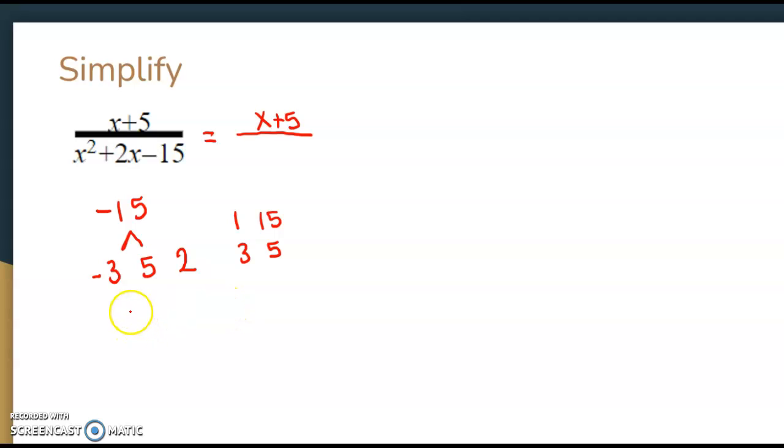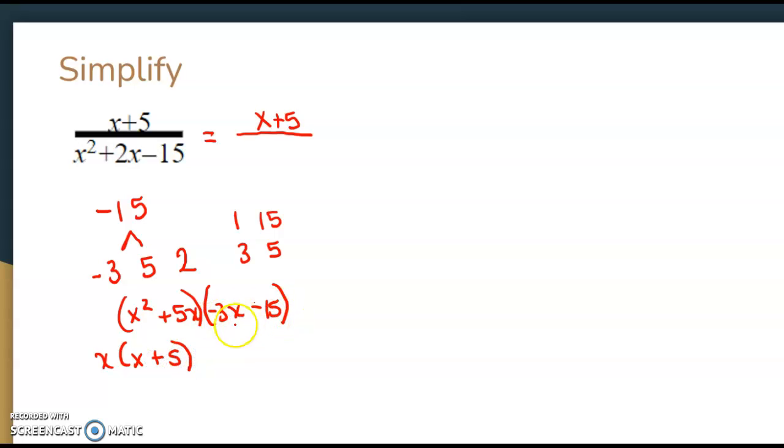So if I was going to factor this, I have x squared plus 5x minus 3x minus 15. Group the first two, group the last two. The GCF that can come out of the first one is x, which leaves me with x plus 5.